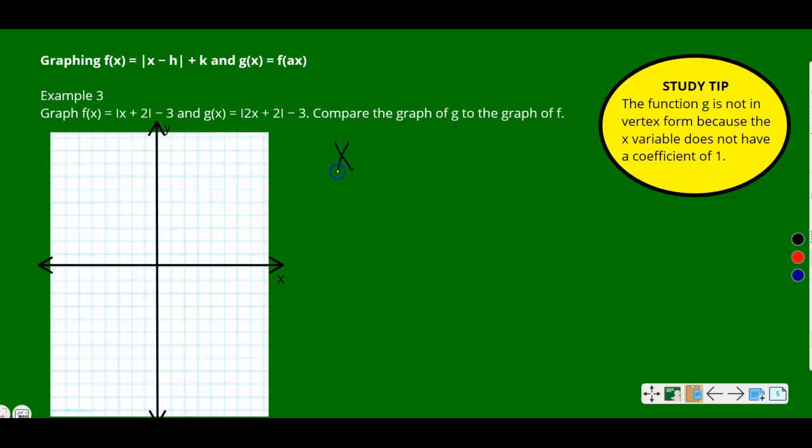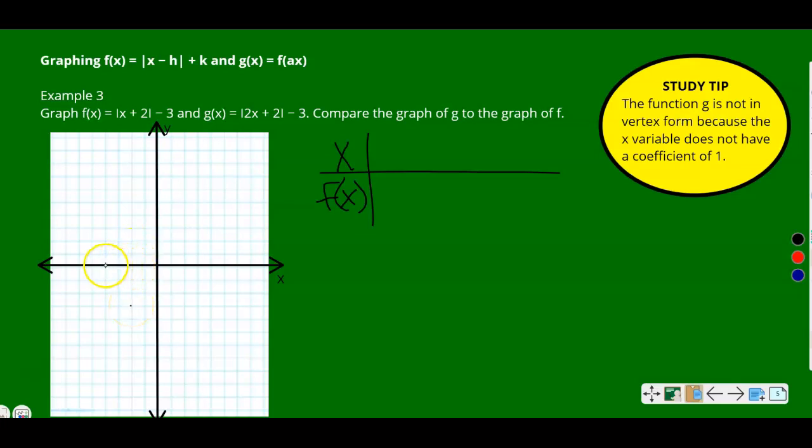You get to pick your x's and then find your y's, or your f of x. Let's start by looking at the vertex. We know that the vertex, by definition, is (h, k), so it's going to be opposite h: negative 2, negative 3. So why is that important? I know that's where my vertex is going to be.